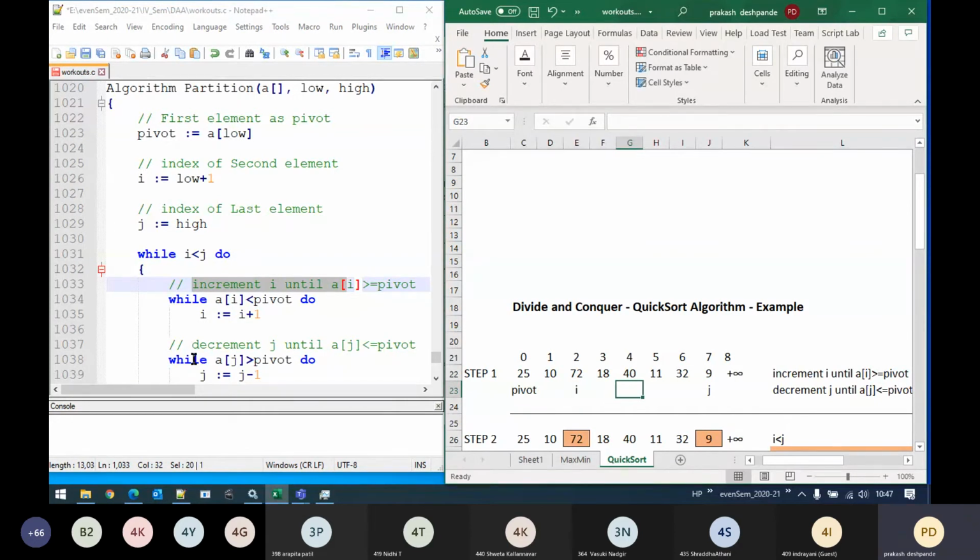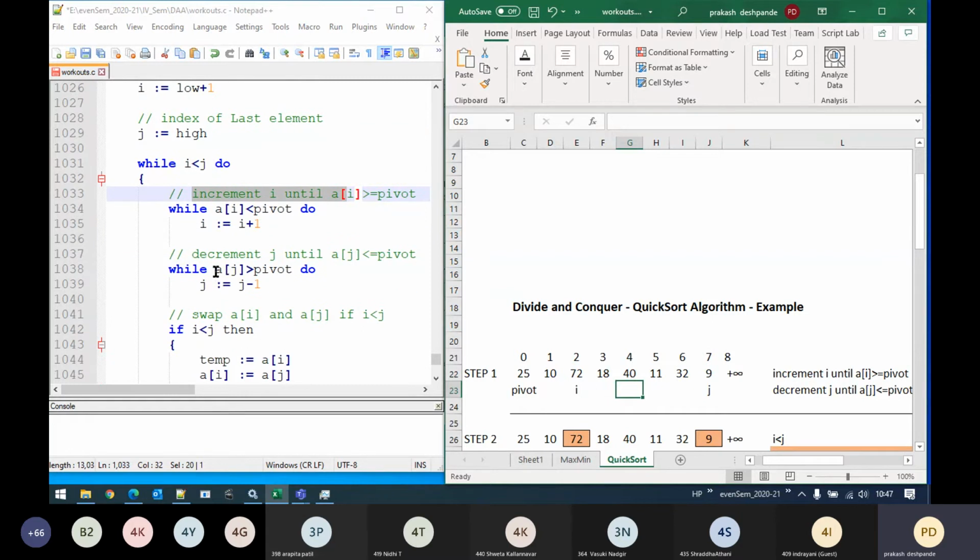Right? Now, we will come on to the while loop. In the while loop, you can see, is a of j greater than pivot? J is pointing to 7, so a of j means it is 9. Is this 9 greater than 25? No, sir. No means we will not decrement j itself.